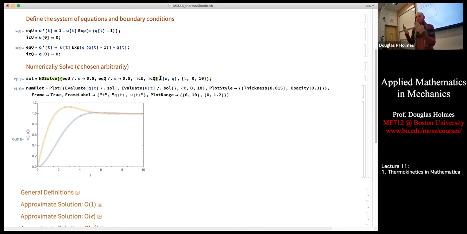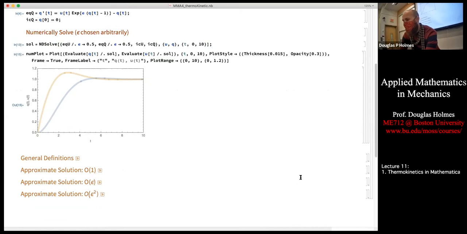Oftentimes you're solving one particular problem, so you don't need that flexibility that comes with messier code. So this is another example to show you, all right, let's just dive in. We know we're solving this equation. Let's see what it looks like. But it's a good question.